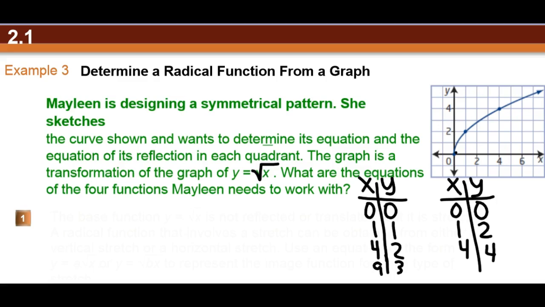Okay, so what happened? Can you tell from these points? Yeah, it's a vertical stretch of how much? Yeah, it seems like we times our y's by 2. So our equation would actually look like that.